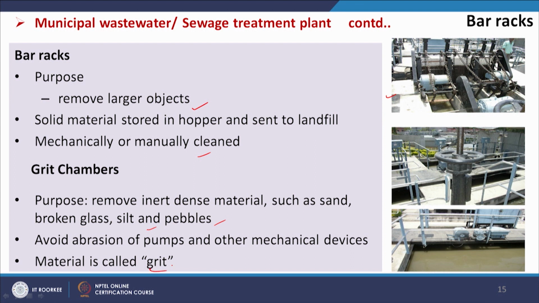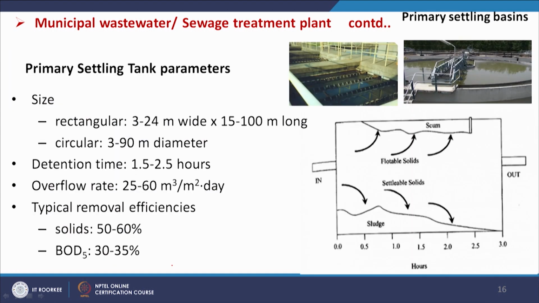This is basically a dense material. Now, primary settling basin or primary settling tank parameters: the size is normally 3 to 24 meter wide and 15 to 100 meter long, and it may be circular, 3 to 90 meter diameter, with detention time 1.5 to 2.5 hours, overflow rate 25 to 60 meter cube per meter square per day, and typical removal efficiency for solids 50 to 60% and BOD5 30 to 35%.